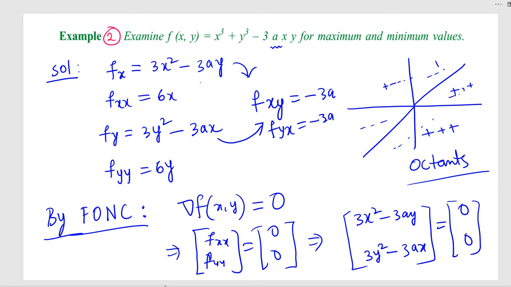So we need to find out the values of the stationary points. So 3x square minus 3ay equals 0. So from here 3 gets cancelled: x square equals ay.